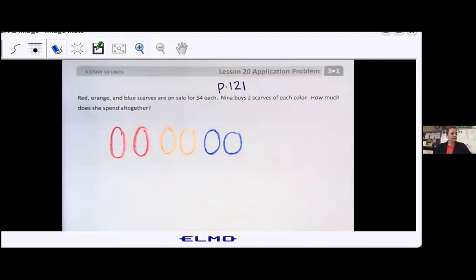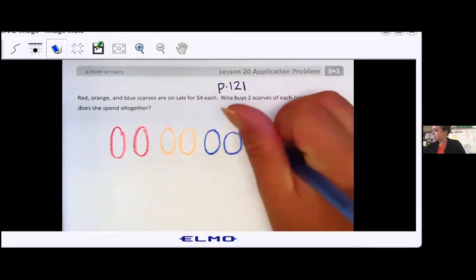So looking at that picture, sorry, put my crayons back to stay organized. I can see that Nina bought 6 scarves.